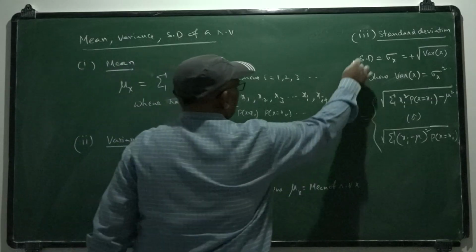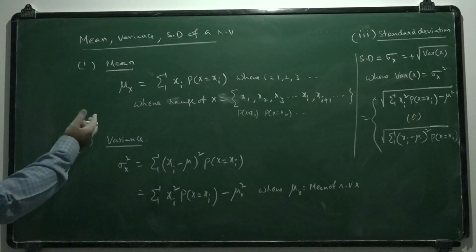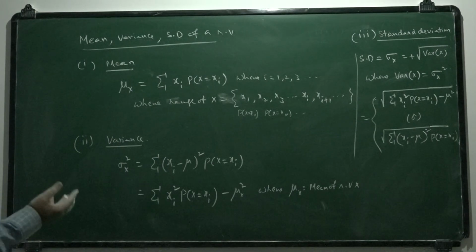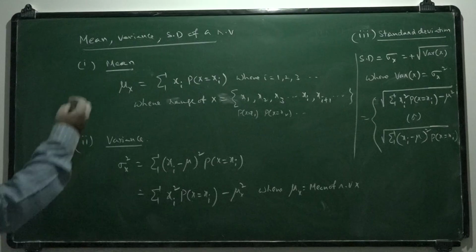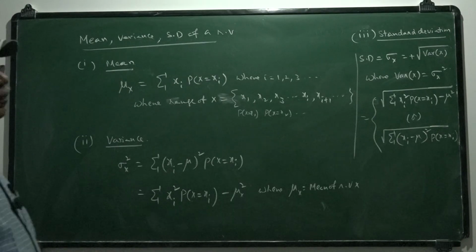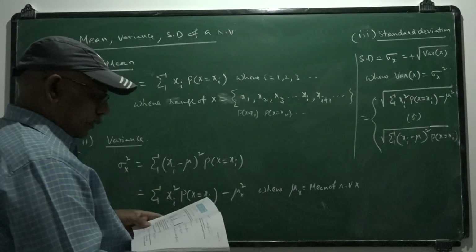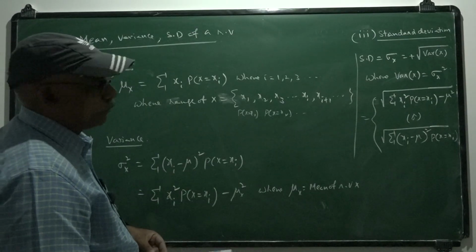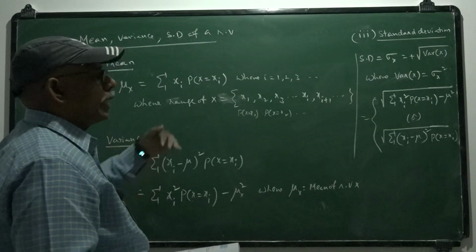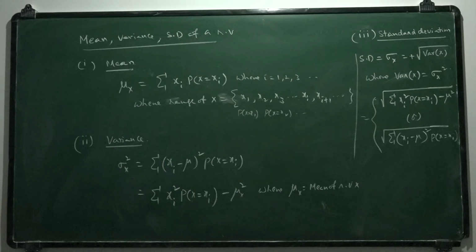So these are all the formulae related to the mean of the random variable, the variance of the random variable and the standard deviation of the random variable. These are the values related to the probability distribution table: mean, variance and standard deviation.